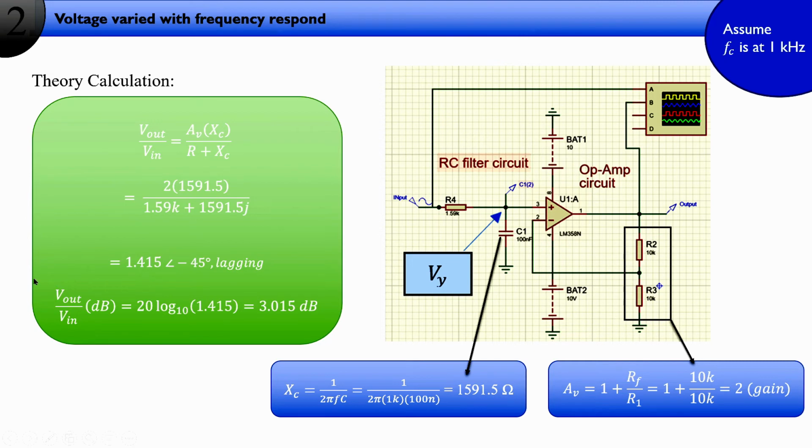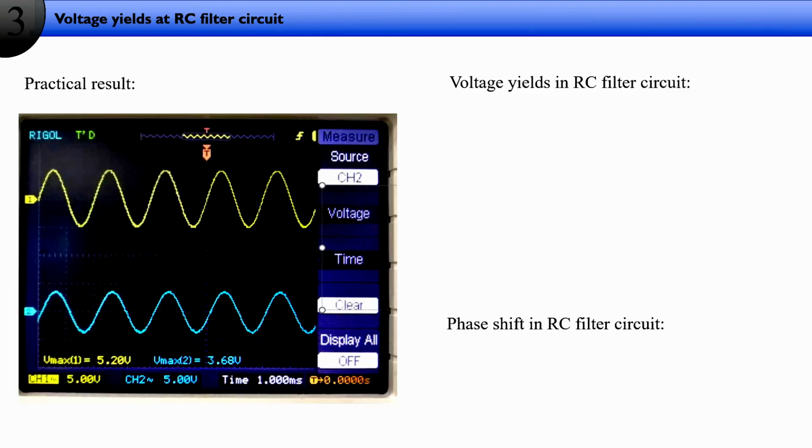For now we just pay attention to the magnitude side. When we turn the magnitude into dB, we get 3.015 dB in our theory calculation when the input is at the cutoff frequency, which is 1 kHz.